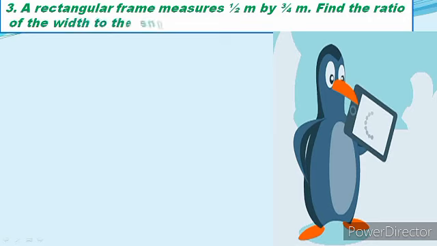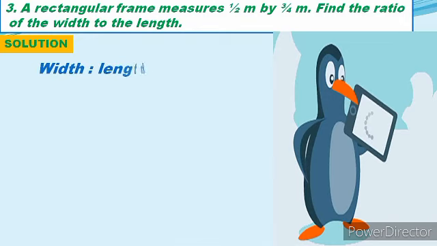For example, a rectangular frame measures 1/2 meter by 3/4 meters. It says find the ratio of the width to the length. So width ratio length respectively, and the ratio is 1/2 ratio 3/4.